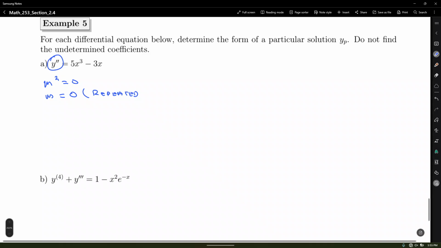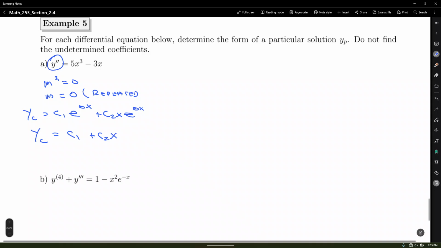So it's a repeated solution. So y sub c will be c1 e to the 0x plus c2 x e to the 0x. But what's e to the 0x? Isn't that just 1? So y sub c will be c1 plus c2 x.